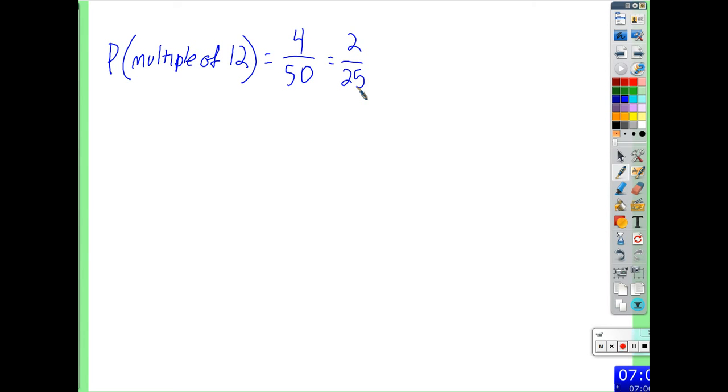What's the probability we pick an even number? Hmm? 25 out of 50. 25 of them are even. Okay.